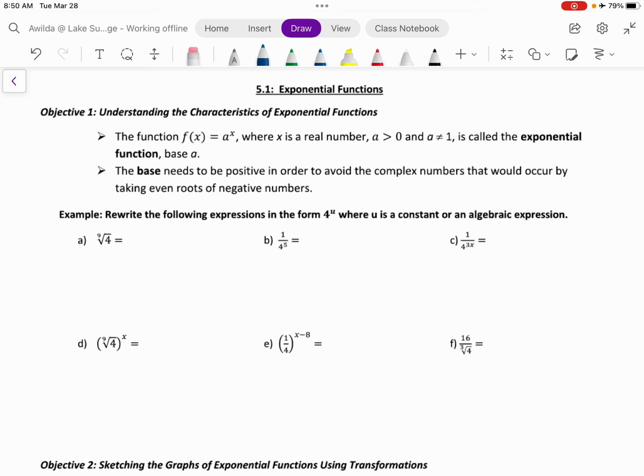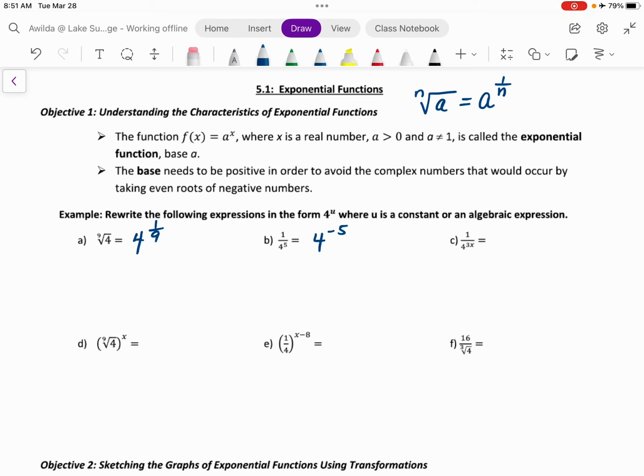First, we have the 9th root of 4. From previous rules, we know that we will write this as 4 to the 1/9 power. In general, the nth root of a number a is equal to a to the 1 over n power. So that is the rule that we're applying here. Secondly, we have 1 over 4 to the 5th power, and we will write this as 4 to the negative 5 power.